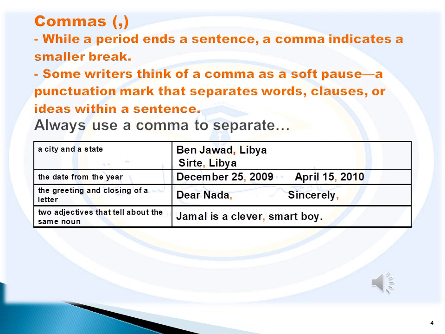While a period ends a sentence, a comma indicates a smaller break or even a pause. Think of it this way: the period makes a long break, but a comma indicates a smaller break.